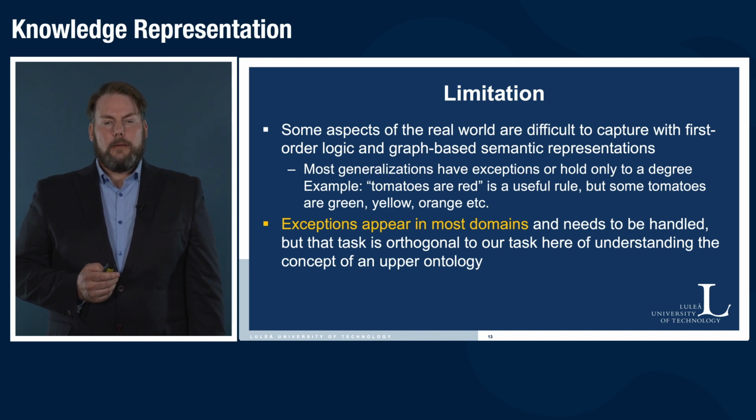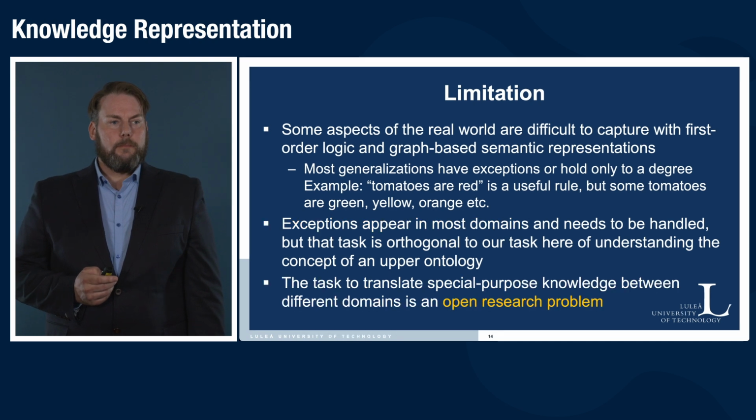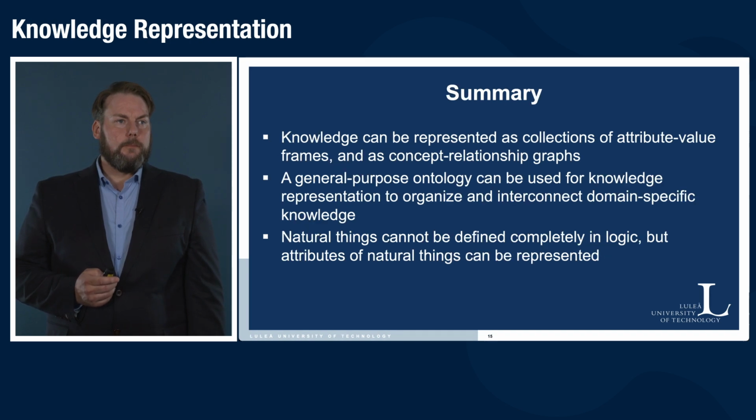So ontology engineering is about defining these semantic structures, the graphs that define the relationships between the symbols. And the task to translate special purpose knowledge between different domains is actually an open research problem.